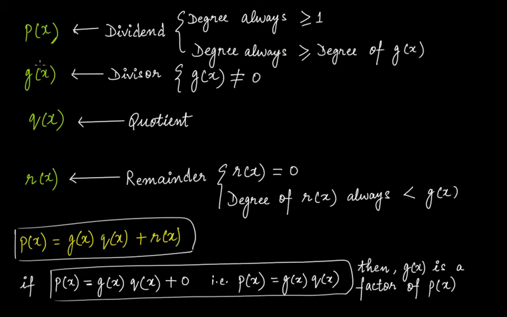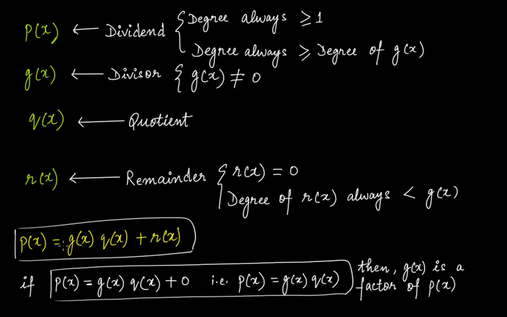When p(x) is completely divisible by g(x) such that your remainder comes 0, in that case it's a zero polynomial. In that case g(x) will be a factor of p(x). Okay. And degree of r(x) is always less than degree of g(x). This is important. If your remainder is not equal to the zero polynomial, then its degree will be less than the degree of g(x). That's important.